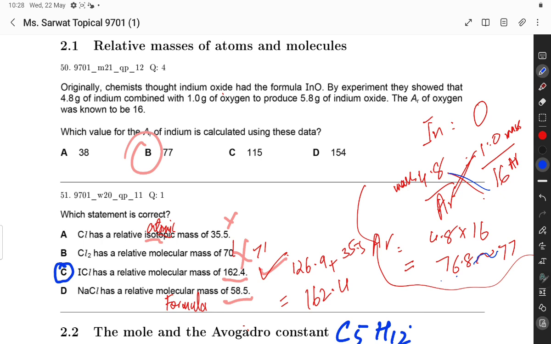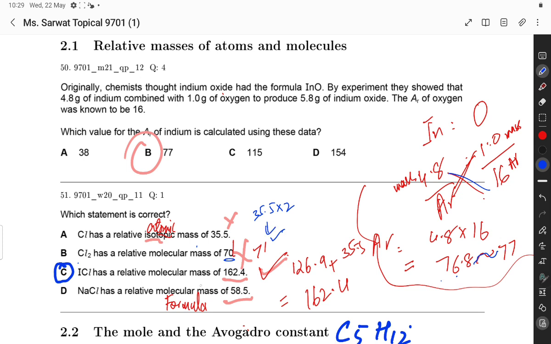Which statement is correct? Next question is from October-November 20, question paper 1-1, question number 1. Chlorine has a relative atomic mass of 35.5. Chlorine Cl2 has a relative molecular mass of 70? No, it is equal to 71. Cl2 is the molecule, so 35.5 into 2 is equal to 71.